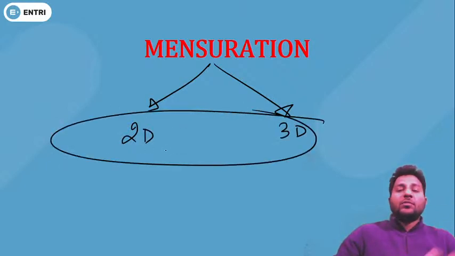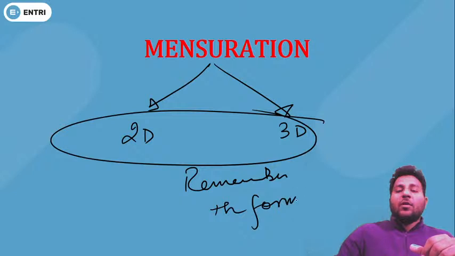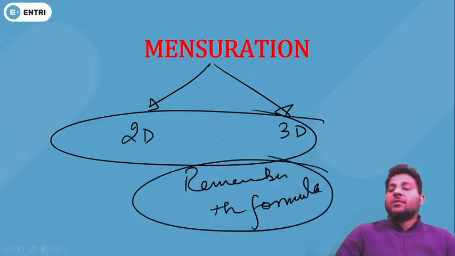All you need to do is remember the formulas. I hope you all have remembered them. Shall we start the session? In fact, in the mains examination a DI was asked recently, so you need to understand the importance of this topic.